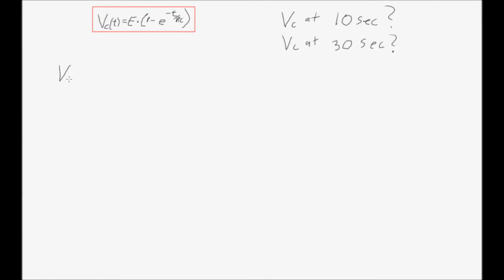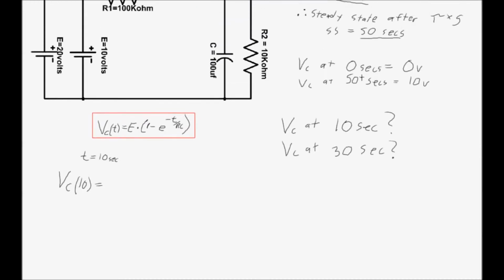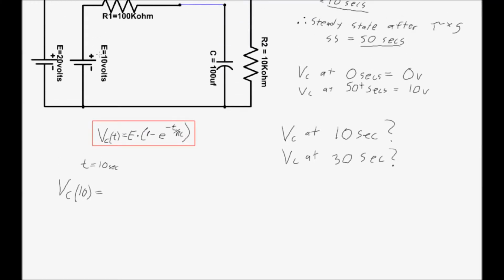So the voltage across the capacitor at 10 seconds, because in this example we want our time to be 10, is going to be E, which is the power supply voltage, so 10 volts, times open bracket 1 minus e to the negative t.